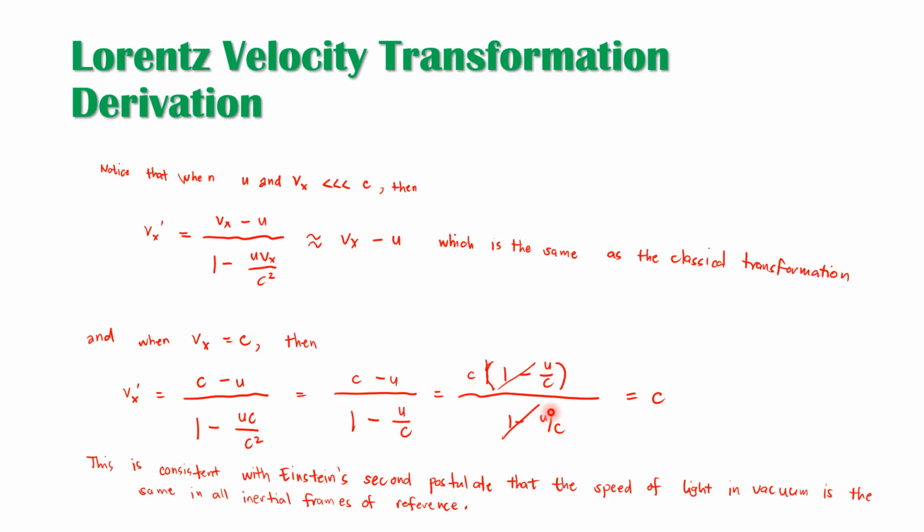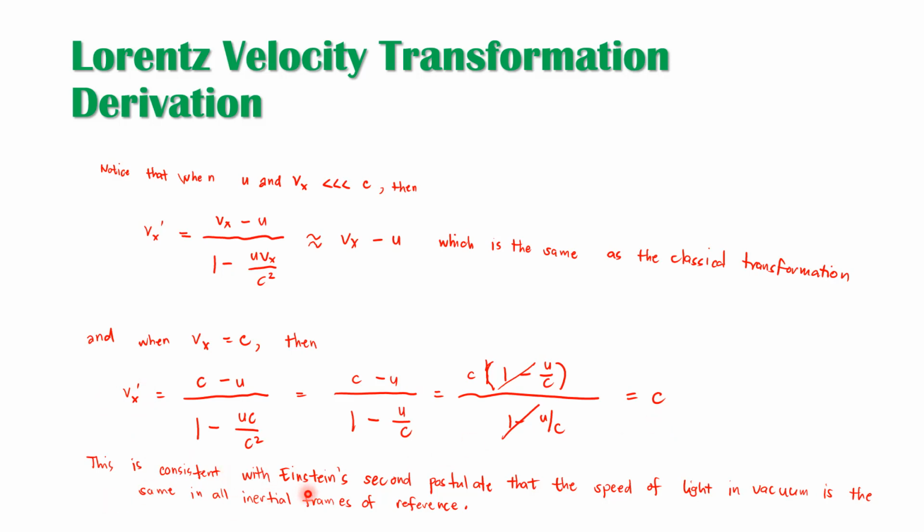Canceling out this term, we get c. So when an observer in the inertial frame of reference S measures the speed of light to be c, then the observers in S prime will also measure the speed of light in vacuum to be equal to c.